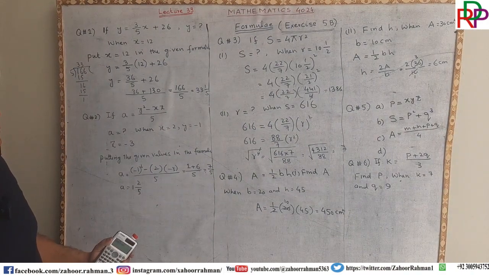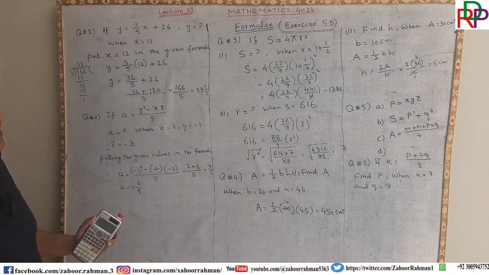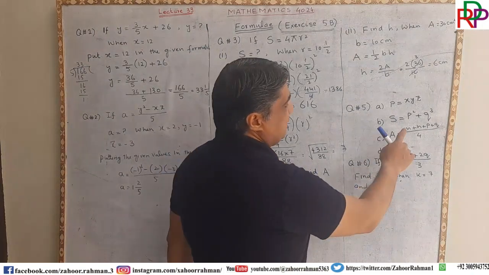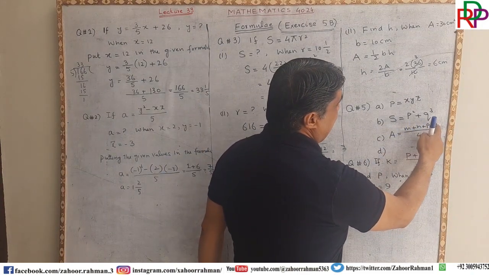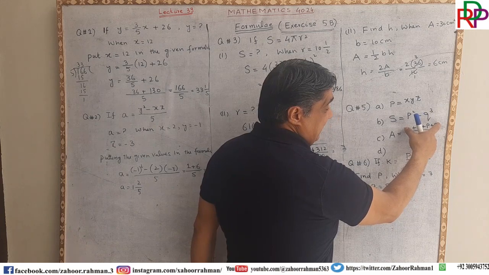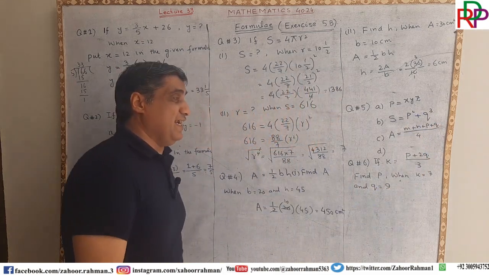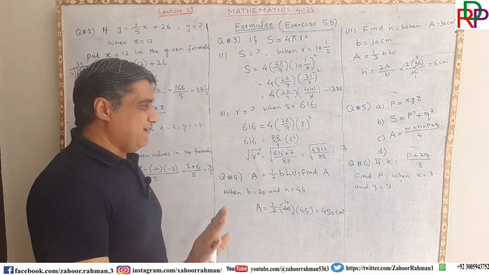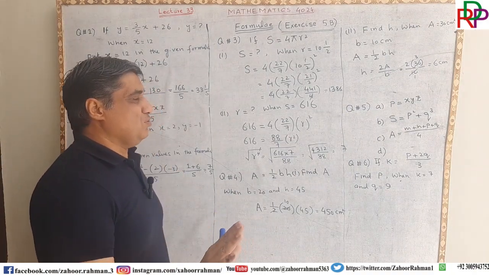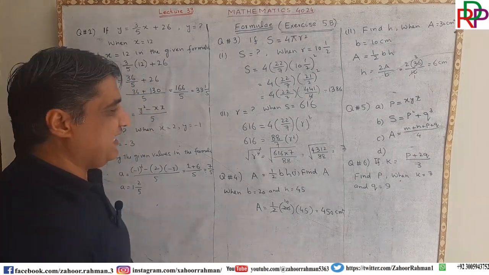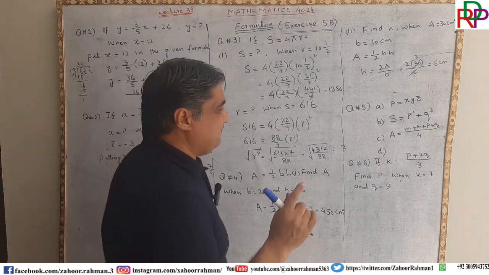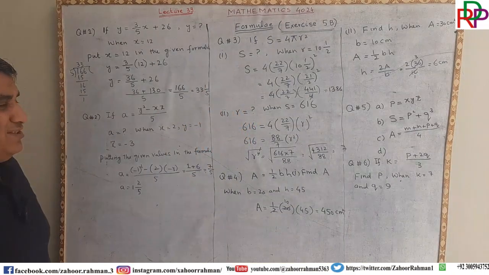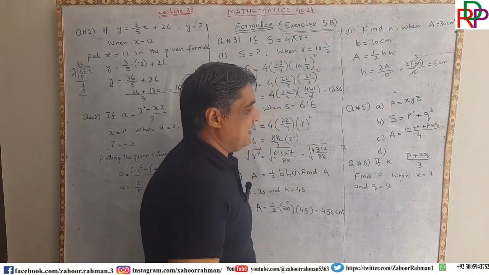What is average? Sum of all the numbers divided by the total numbers. You have to count because M, N, P, Q are 4. We added that, and then we have to divide it by 4 because the numbers are 4. If there were 5 numbers, we had to divide it by 5 then. If they were 3 numbers, then we had to divide it by 3. In this case, this is the answer.